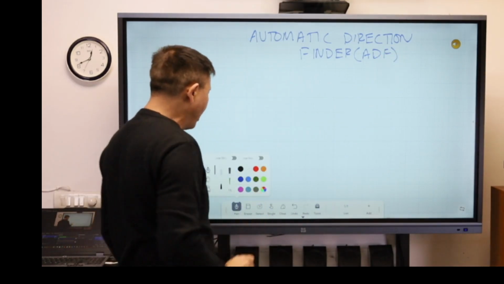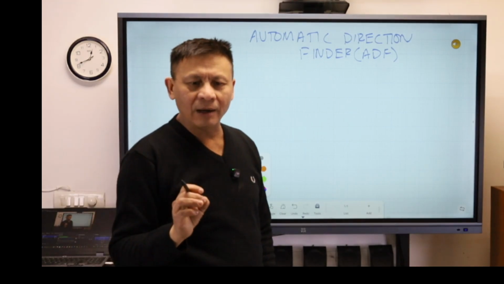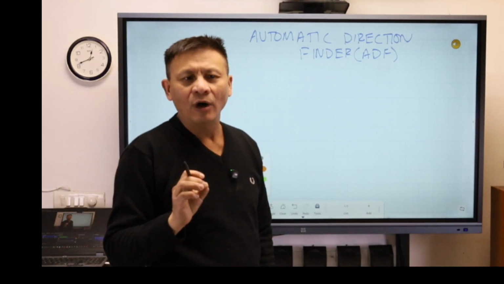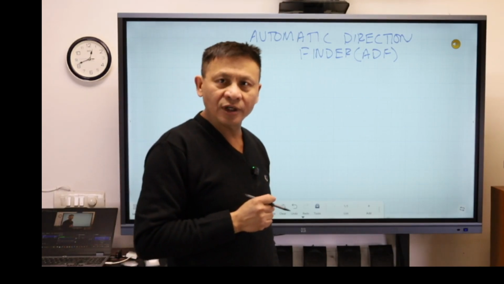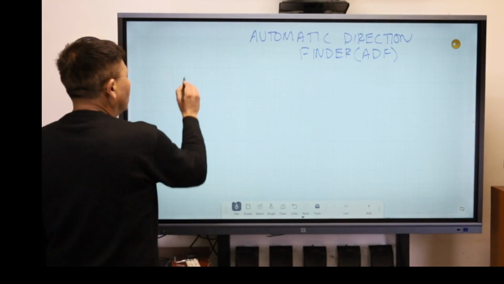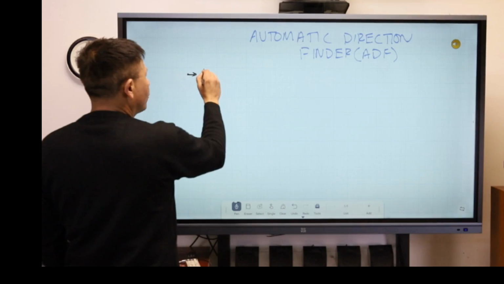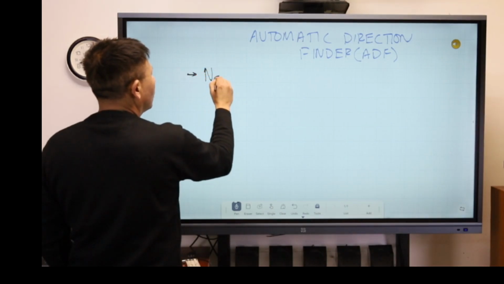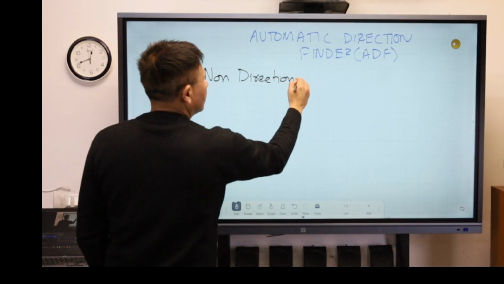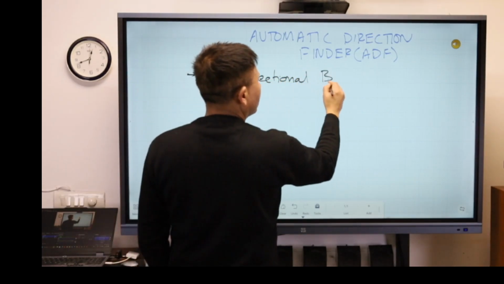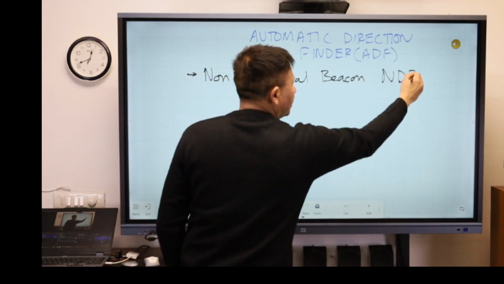Automatic Direction Finder is an instrument inside the aircraft which finds the direction of a ground station which is transmitting a signal. The name of the ground station is Non-Directional Beacon, NDB.